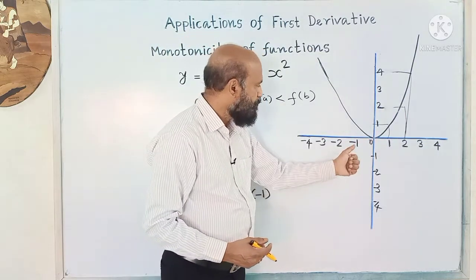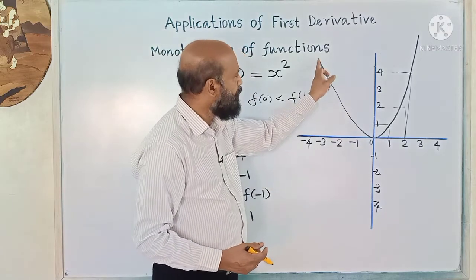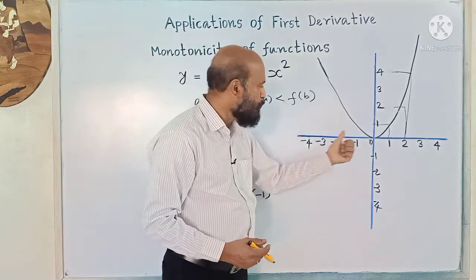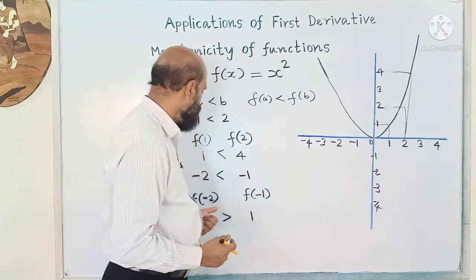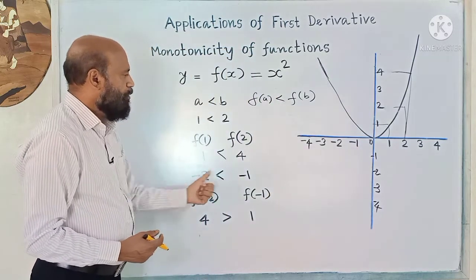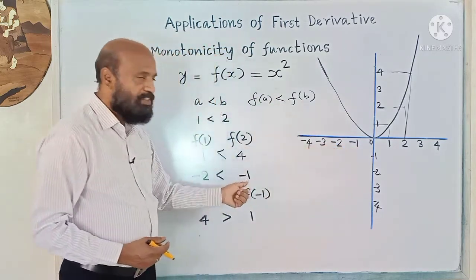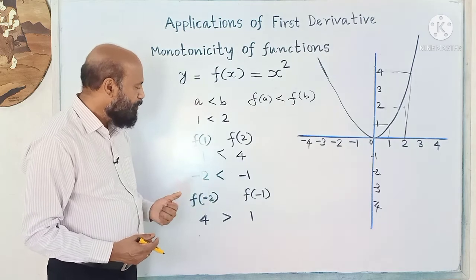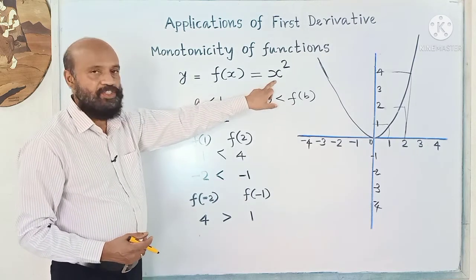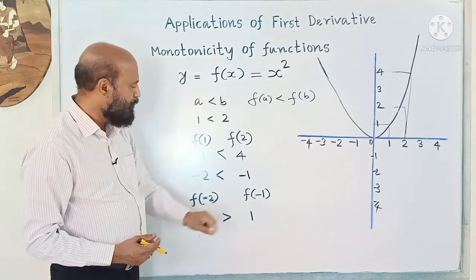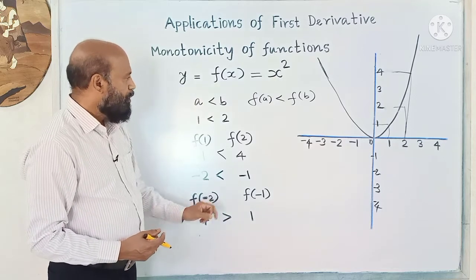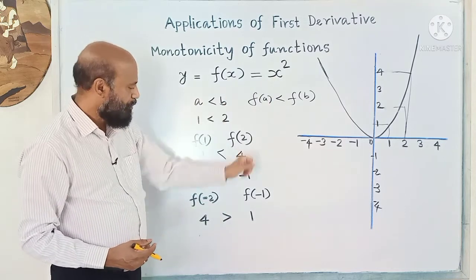This side it is decreasing, minus infinity to 0. So minus 1, minus 2. Minus 1 is greater than minus 2. F of minus 1, for this x you put minus 1 square is 1, so f of minus 1 is 1.